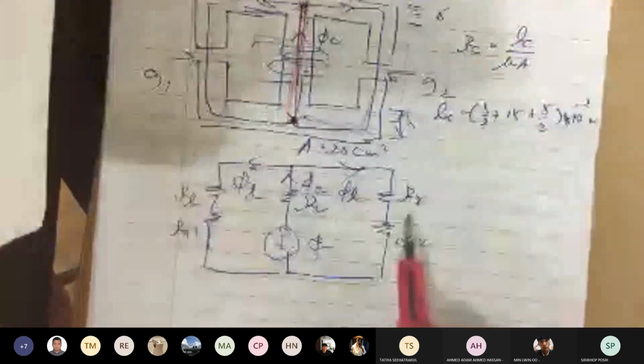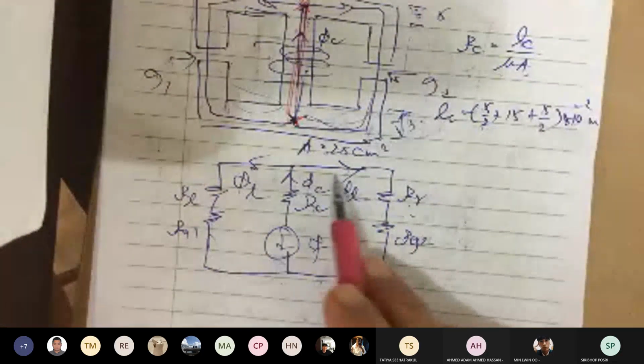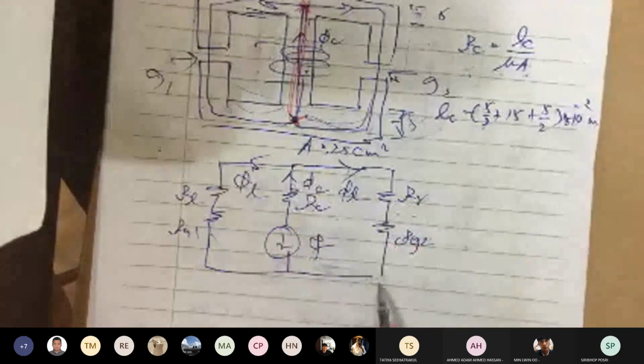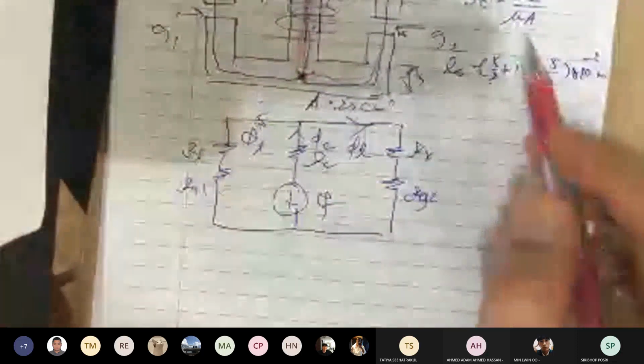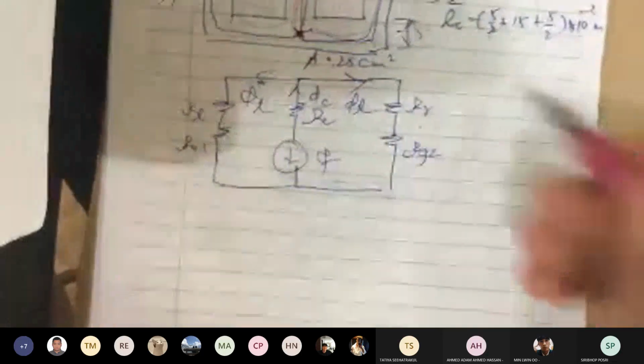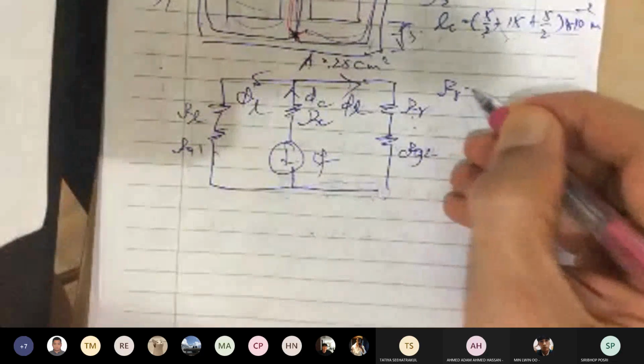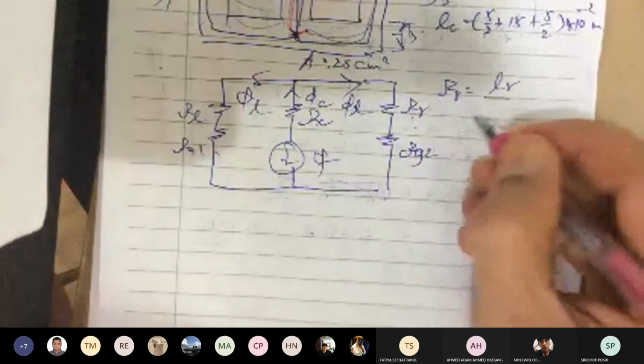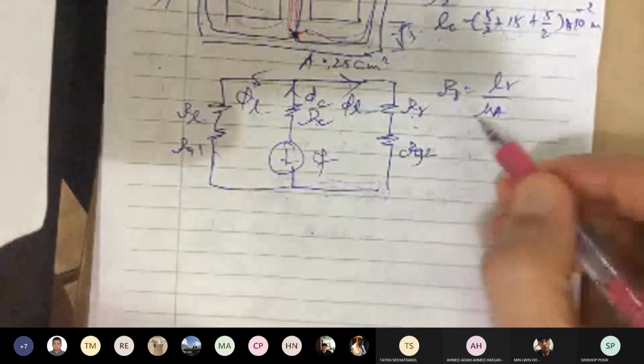Now, L right. Then you just substitute these in there. Now my R right has to be L right divided by mu A. Mu and A are known.